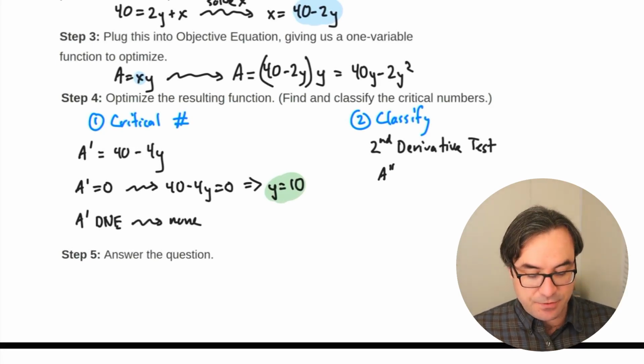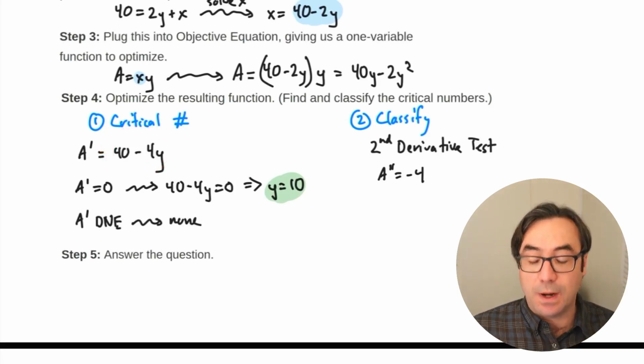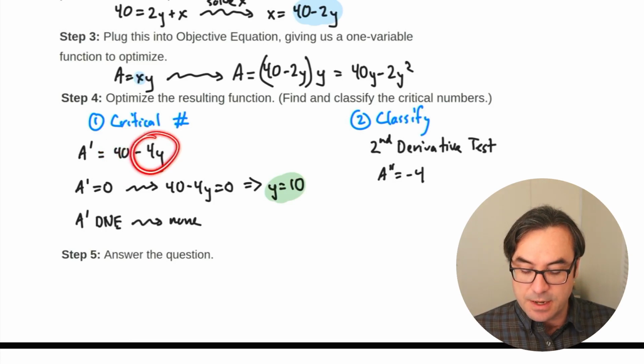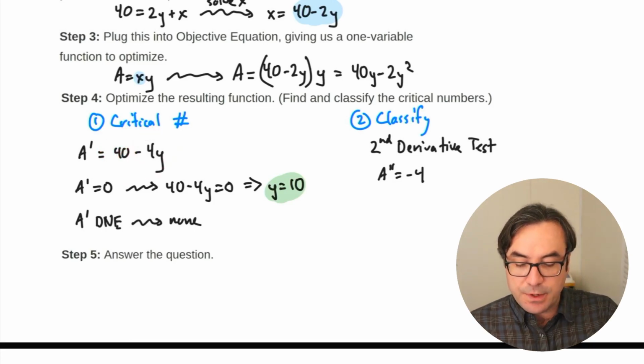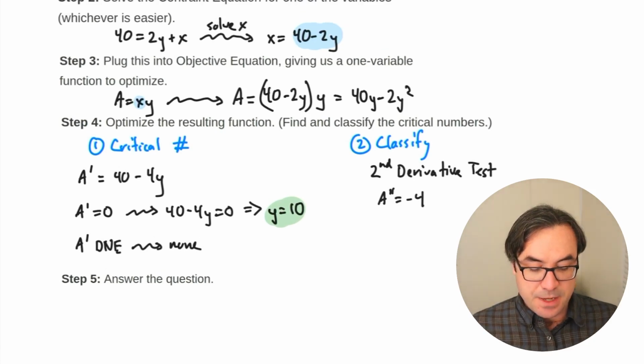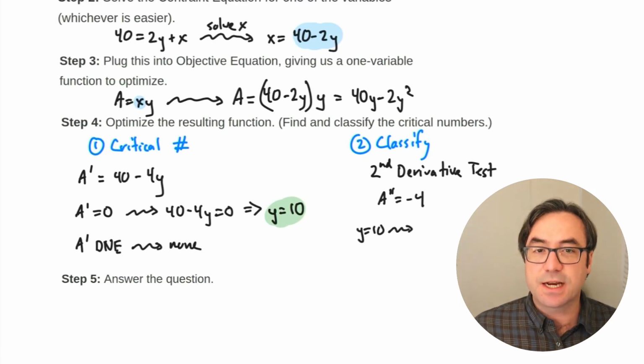So our second derivative here is -4. We're just differentiating 40 minus 4y. The derivative of 40 is 0, and the derivative of -4y is just -4. The way we do our second derivative test is we take our critical number, which was y equals 10, and plug it into our second derivative.